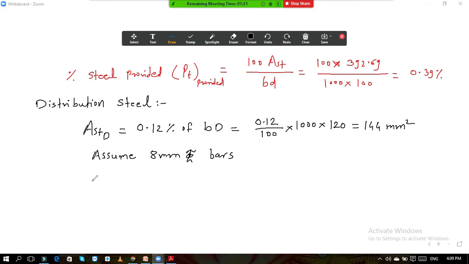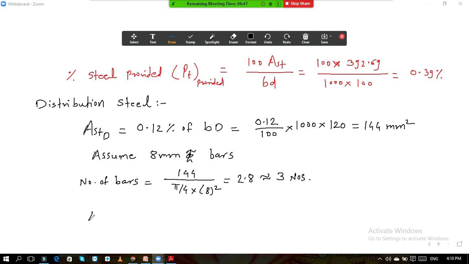Then calculate the number of bars first. Number of bars is equal to Ast divided by the area of a single bar. The single bar is of 8 mm. So it is 2.8, which is nearly equal to 3.